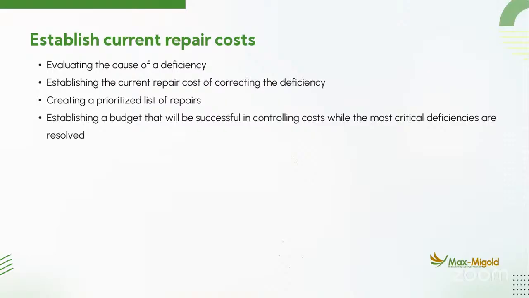Evaluating the cost of the deficiency, establishing the current repair cost of correcting the deficiency, creating a prioritized list of the repairs, then establishing a budget that will be successful in controlling costs while the most critical deficiencies are being resolved. So the other thing is that after you have summed up your costs, you know the millions of naira you are going to be incurring, then you can be attending to some smaller ones pending the time you have the financial capacity to do the bigger jobs.